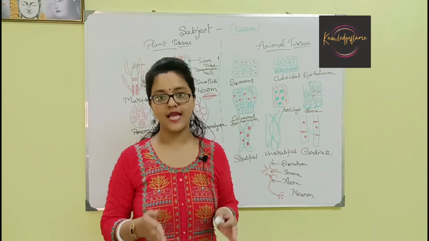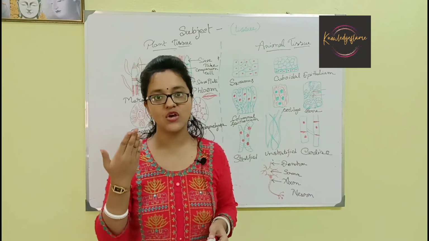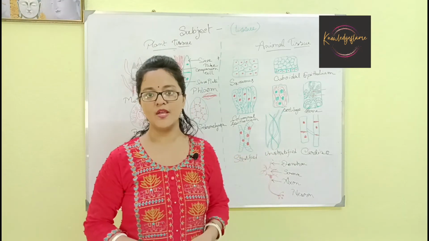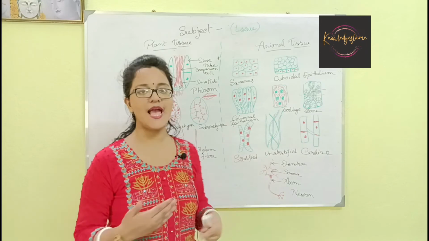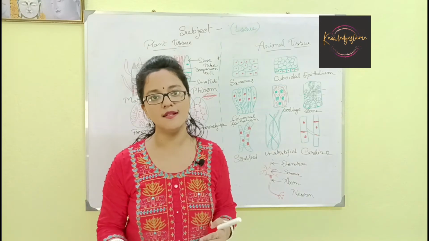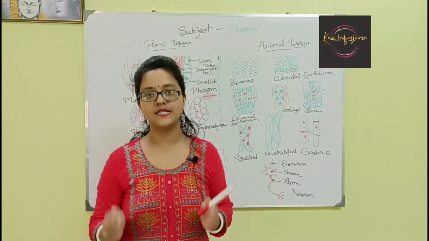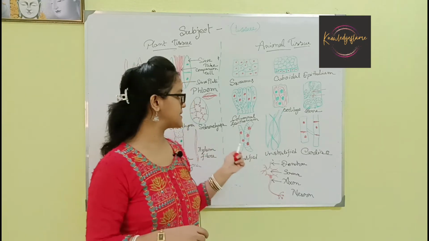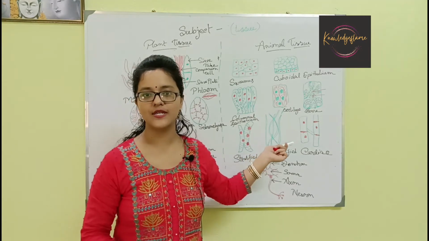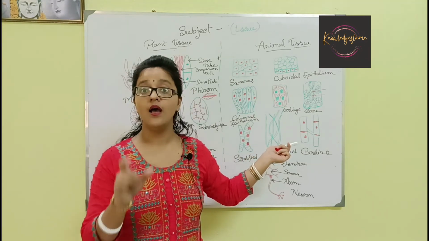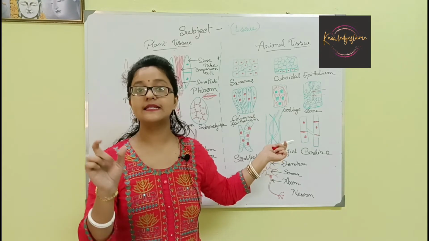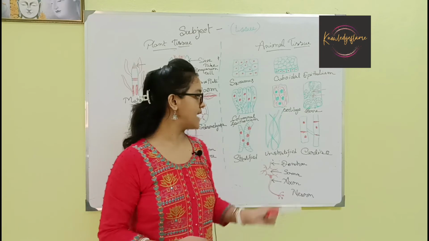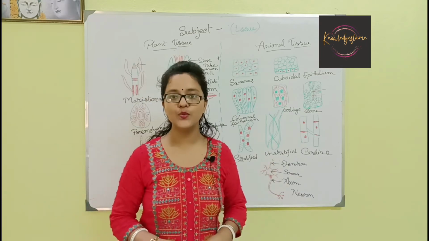In the alimentary canal, in the uterus, in the iris of our eye, there is this unstriated muscular tissue. So striated muscular tissue can be voluntary skeletal muscle, and unstriated muscular tissue can be involuntary smooth muscle. The position here is the limb, and here are the alimentary canal, uterus, etc. One more piece of information is that striated muscular tissue is multinucleated and unstriated muscular tissue is uninucleated.